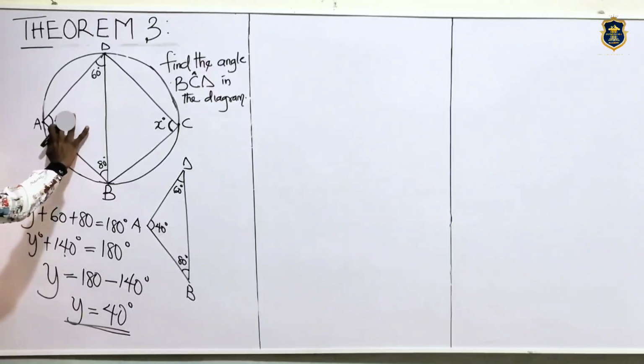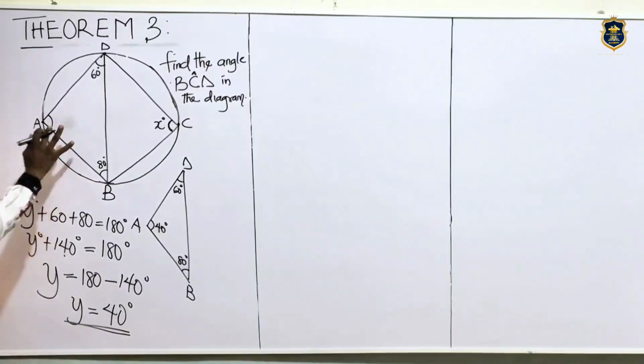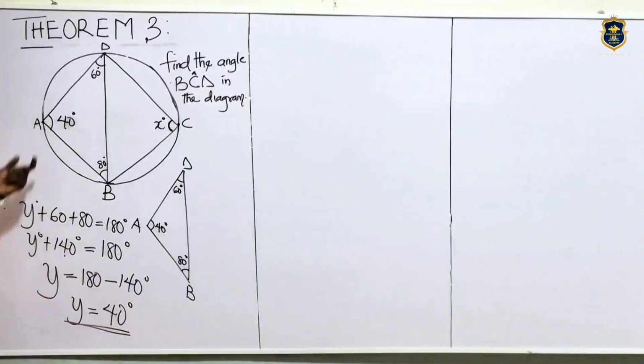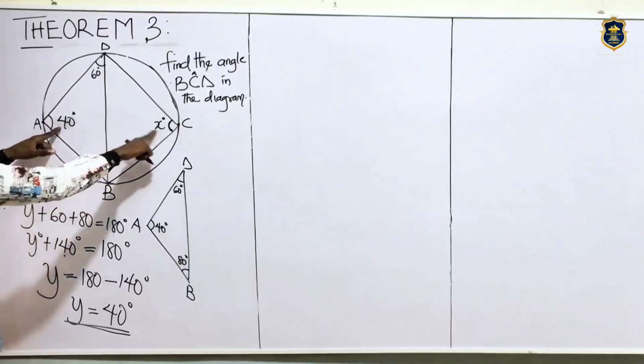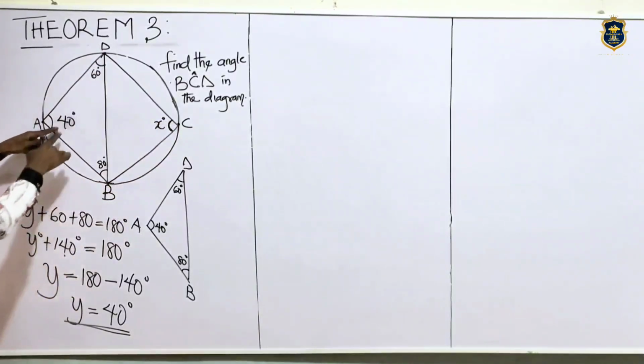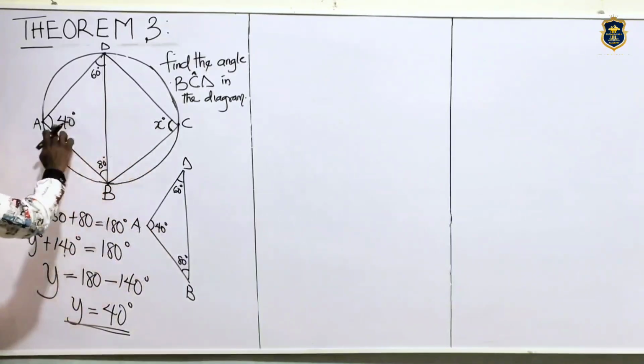See now, this place becomes 40 degrees. That's how we got 40 here. Are you getting it? There was no 40 there before, but now this is 40 degrees, right? So what do we do from here now? Is that easy? Having known here, we know that X plus 40, because the four sides are equal. That's what I told you now. We got this place from this triangle so that we can add these two.